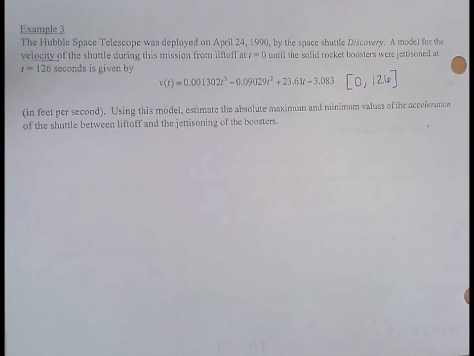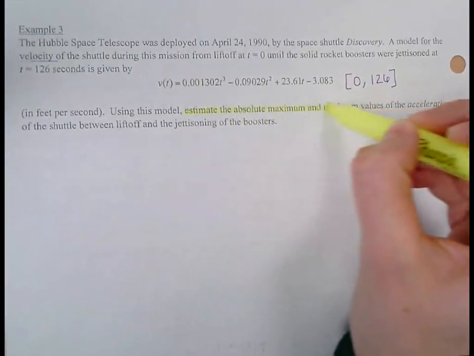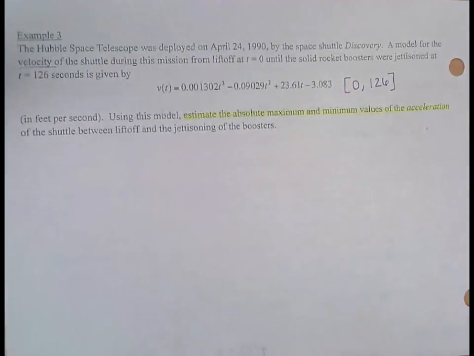And then it says, using this model, estimate the absolute max and min values of the acceleration of the shuttle between liftoff and the jettisoning of the boosters. And again, liftoff was t equals 0. The jettisoning of the boosters was 126 seconds.